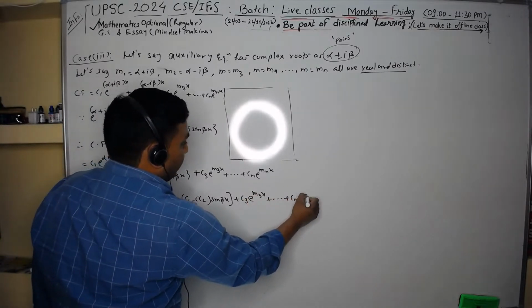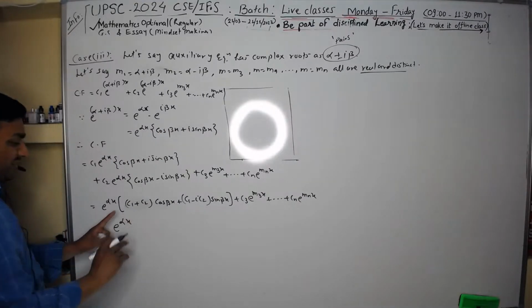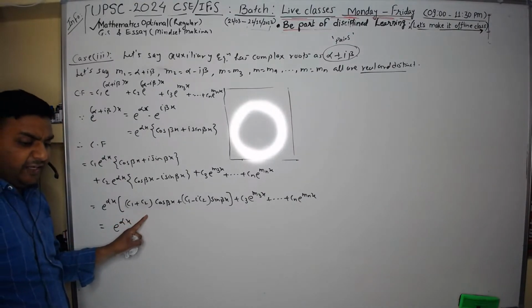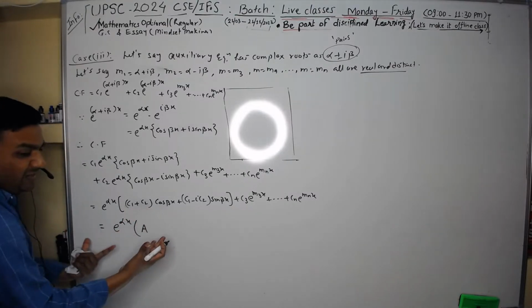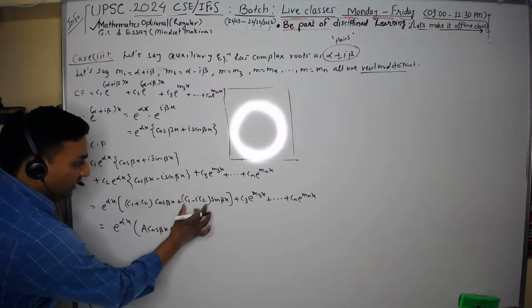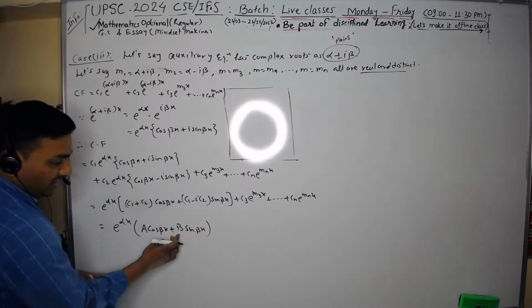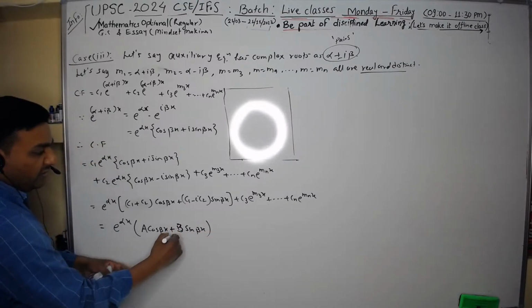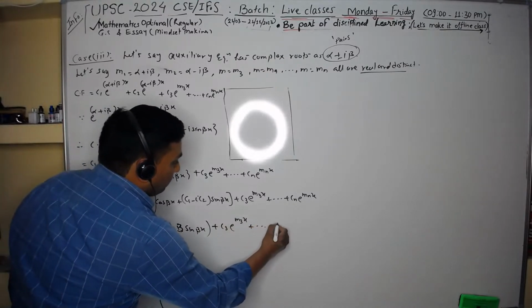Since C1 is a constant, C2 is a constant, this can be replaced by some arbitrary constant, capital A. So A cos beta x, this is the constant, so can be replaced by some arbitrary constant D, and others will be C.